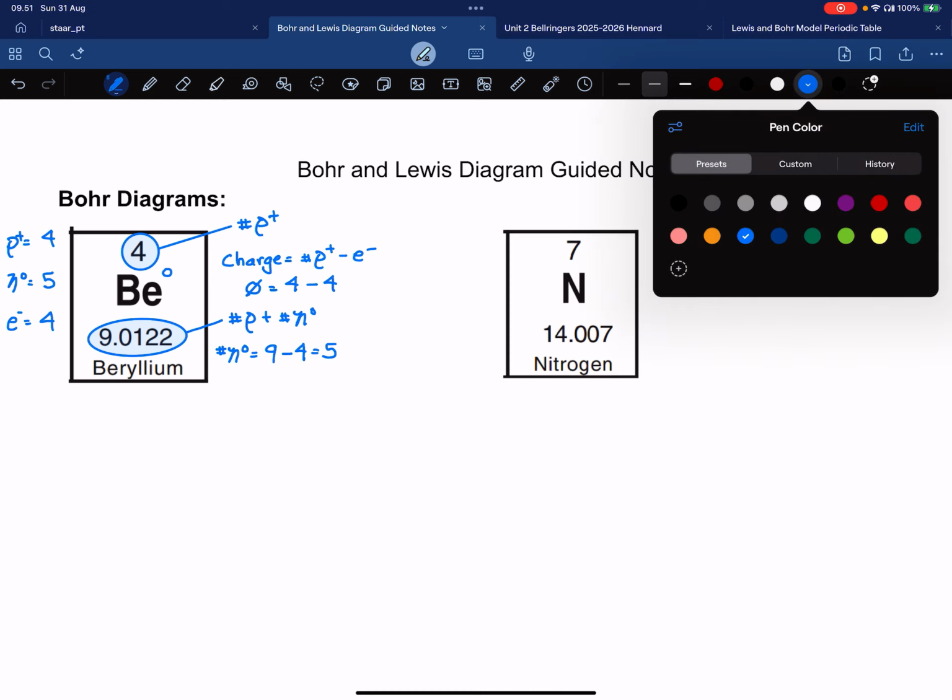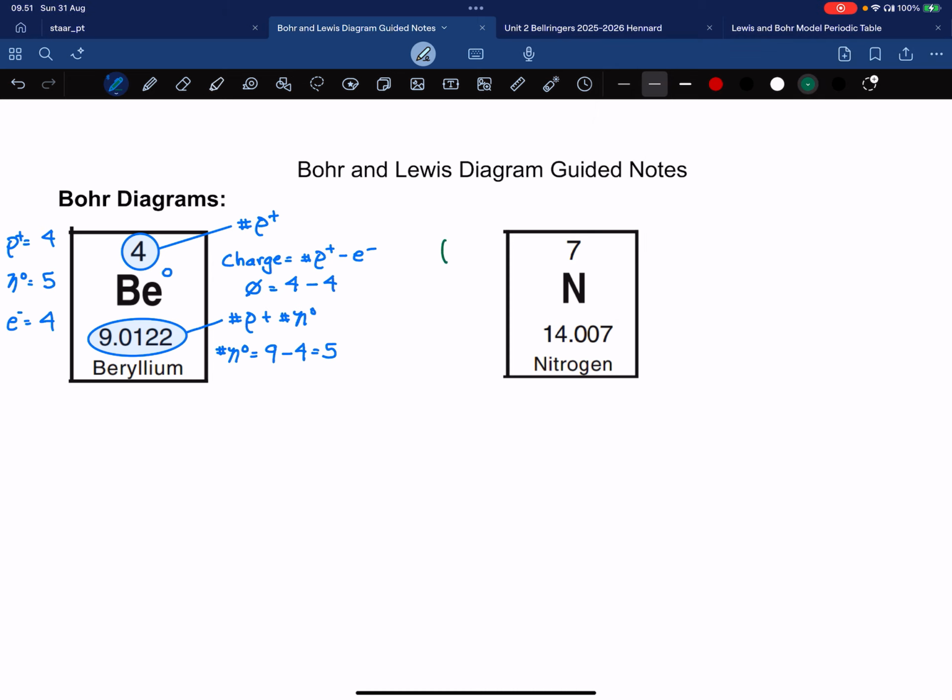I'm going to change colors to make it a little easier to see. Protons, neutrons, electrons. Protons is 7. Neutrons is 14, which is the mass number, minus 7, which is the atomic number.